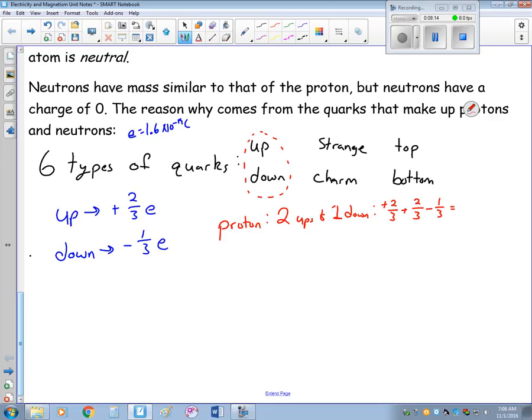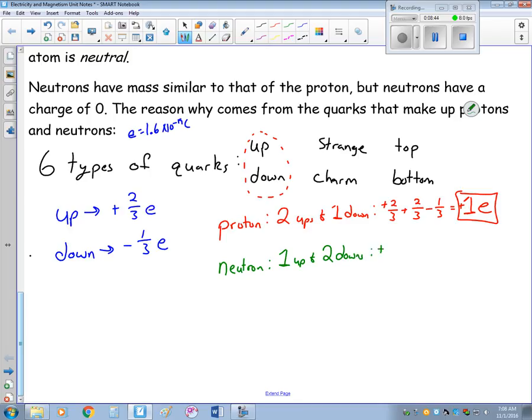And if you can do that math real quick, you find that that is a charge of positive 1e, or 1 elementary charge, or positive 1.6 times 10 to the negative 19th. A neutron is made up of 1 up and 2 downs.